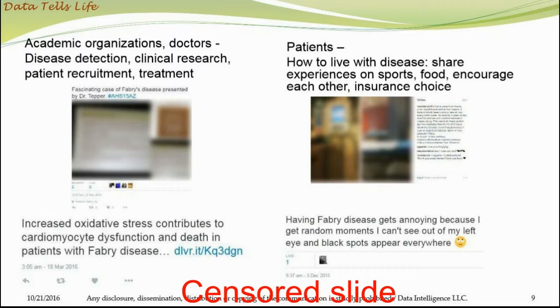We categorized these posts further into 2 big categories. One category is academic organizations and doctors. Another category belongs to patients. In academic, we can see the most interesting topics on social media are disease detection, clinical research, patient recruitment, and treatment. Patients are very keen to share their lives, even try to stay together to support each other: how to do sports, how to eat, and how to find good insurance to obtain better health care.